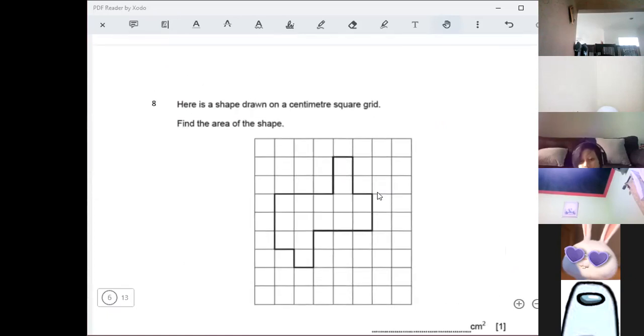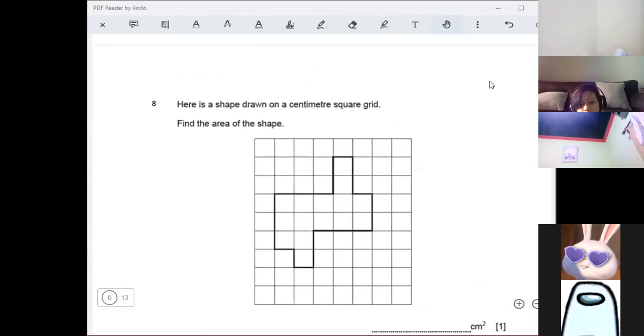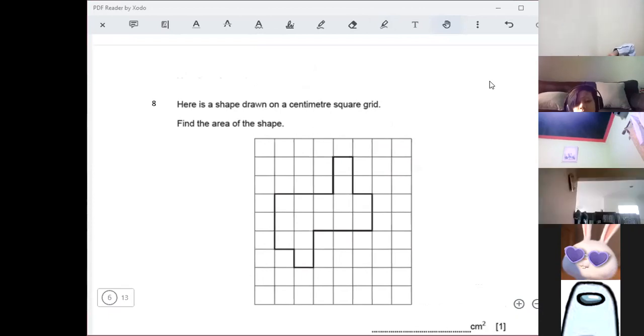Next. Okay, for this, I think it's very easy. Please, everyone, write your answer in the chat box for number 8. Okay, thank you, Sarah, Sheikha, Khaira, Rafa, India, Khaira, okay.